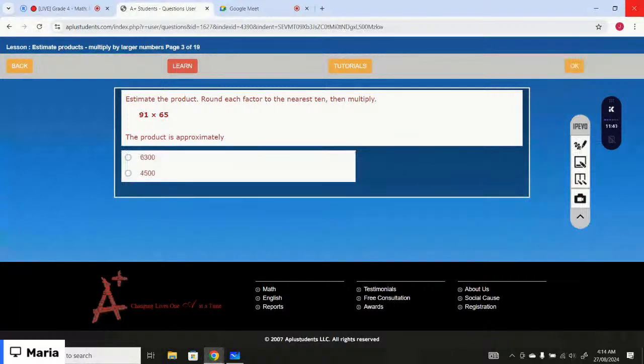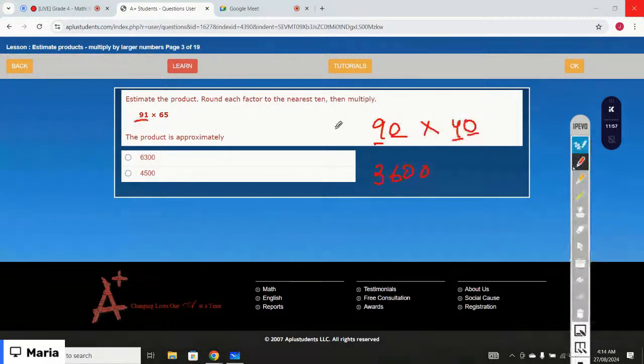The next one is estimate the product 91 times 65. So which is the correct option? 91 is rounded off to 90 and 65 is rounded off to 70, and then 7 times 9 is 63.